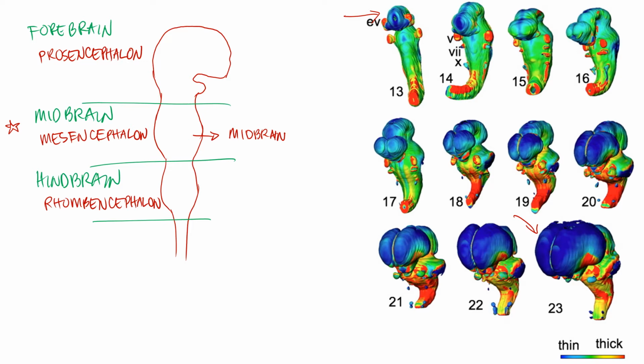Now, your prosencephalon or your forebrain further subdivides into your two parts. Major part would be your telencephalon. Basically, that's your cerebrum. And your diencephalon.